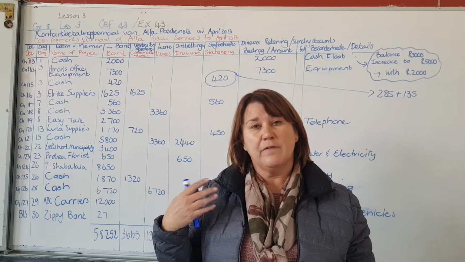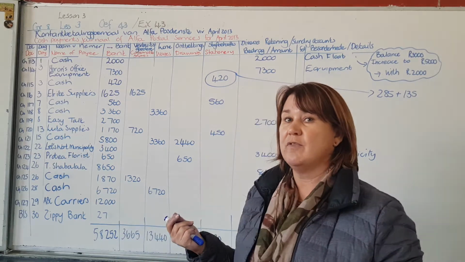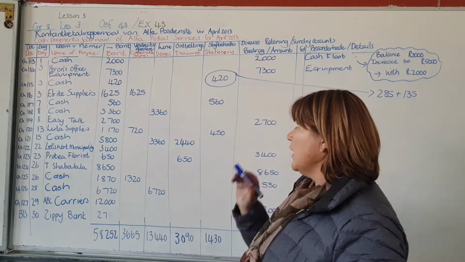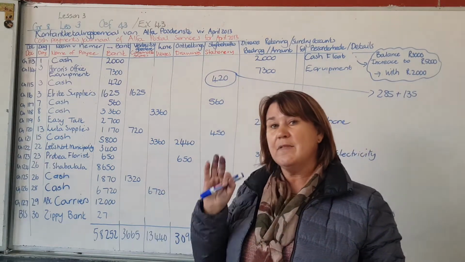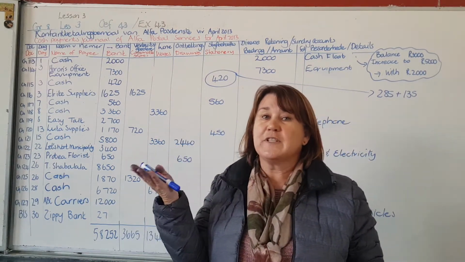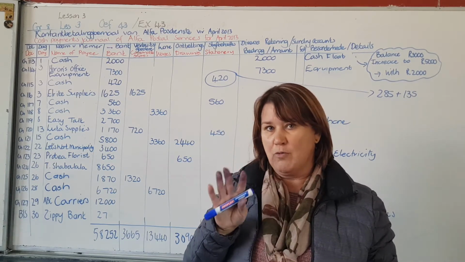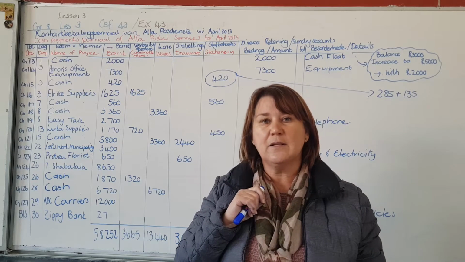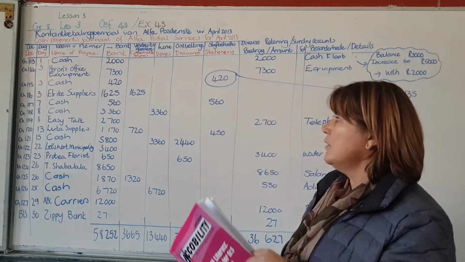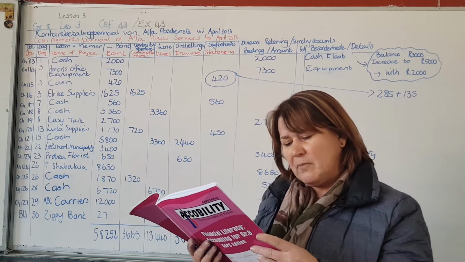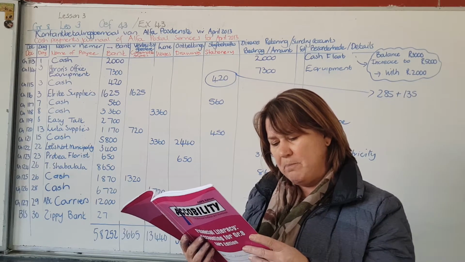So if there's a transaction that you need to reverse, you have to put that into the opposite account. So if you look at this now, you've paid out 7,300, but you've received 200 Rand back. So eventually your equipment's only 7,100 Rand.